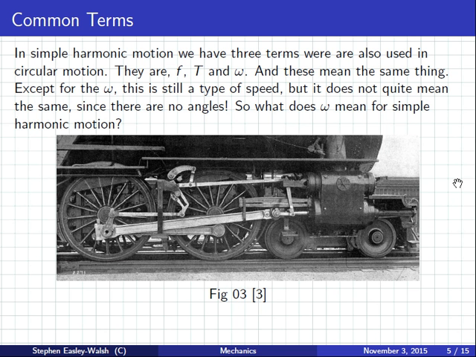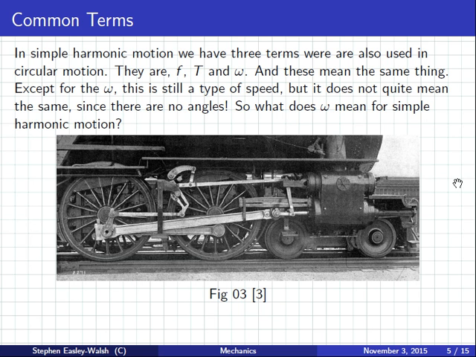So this part here is going forward and backwards, and it's making the wheels turn around. So this motion here is simple harmonic motion, and this motion here is circular. So the T, if it takes 1 second for the wheel to turn, then it will also take 1 second here for the piston to go backwards and forwards.